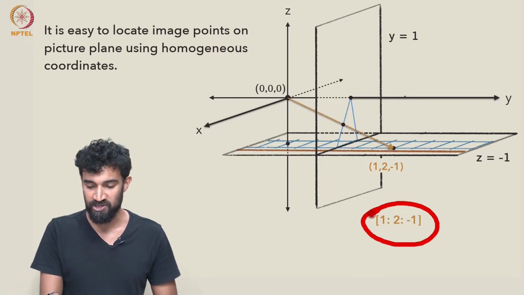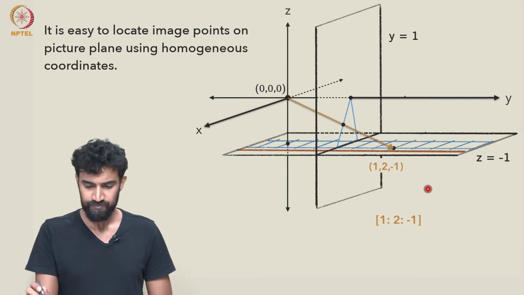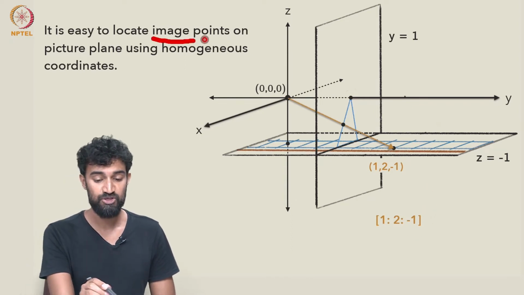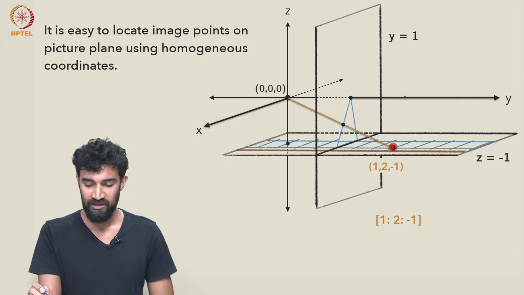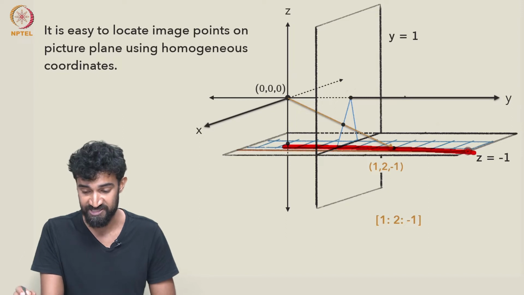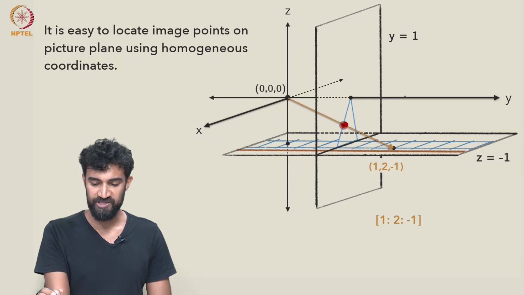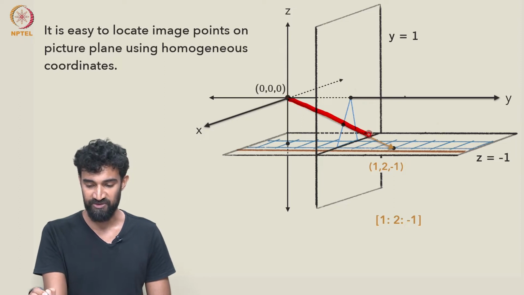We're actually looking at all scalar multiples of this vector now. And suppose we want to know the image point on the picture plane of this point in space. Well, this image point also lies on this sight line, this line through the origin.